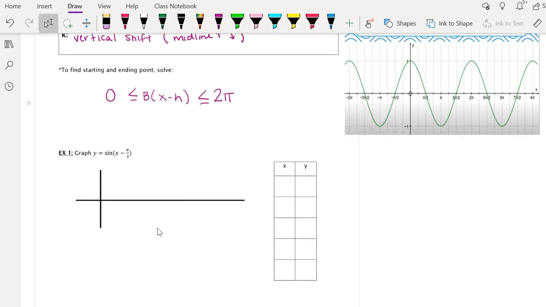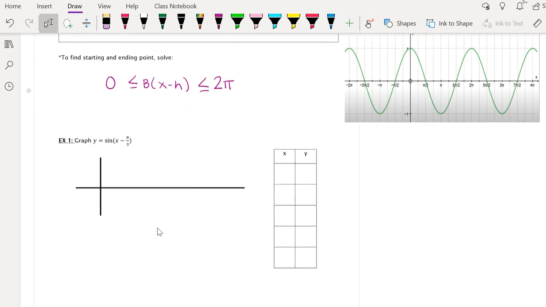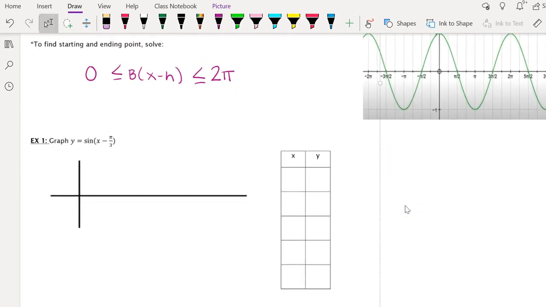Okay, so if I take a look at this first example, we're going to take x minus pi over 3, because in this case I actually have 1 times x minus pi over 3, and so I have 0 less than x minus pi over 3 less than 2 pi. Now, I don't know if you've covered compound inequalities before, but to solve them, we essentially add pi over 3 to all pieces.